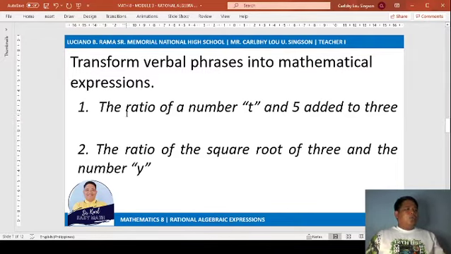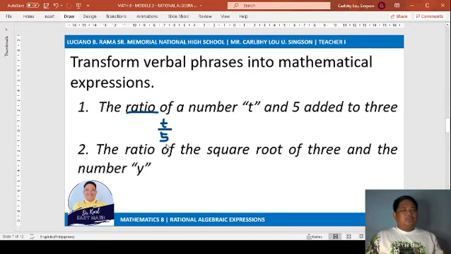Okay, so when we say ratio, basically it should be in the fraction form, right? When we talk about ratio. So the ratio of t and 5, so that is t over 5, right? Okay, so that is our ratio of t and 5.